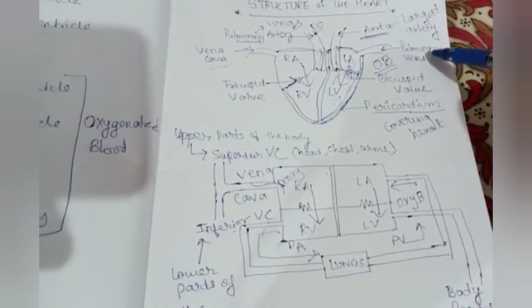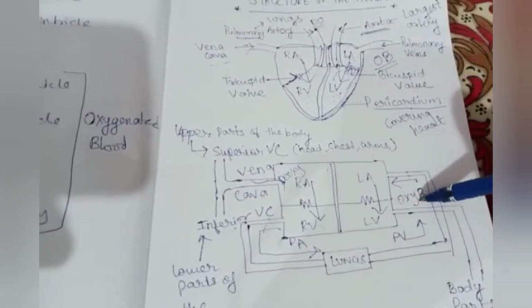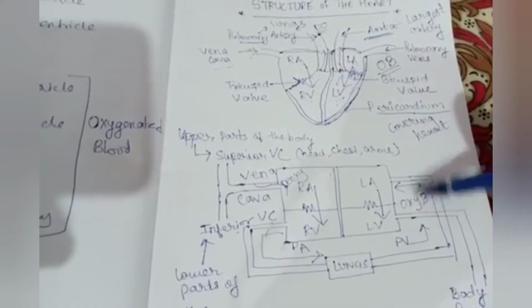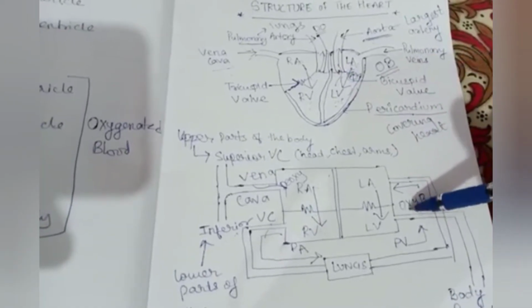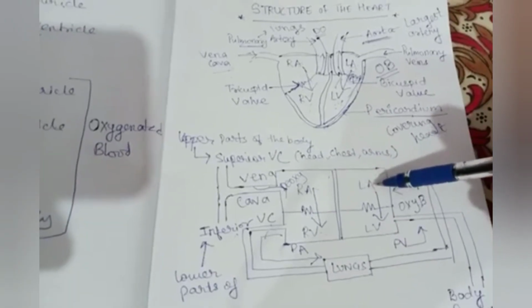If I take the example of pulmonary vein, what is pulmonary vein doing? Pulmonary vein is taking the oxygenated blood from the lungs to the left auricle.